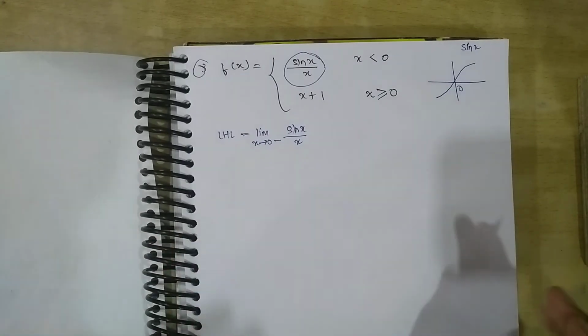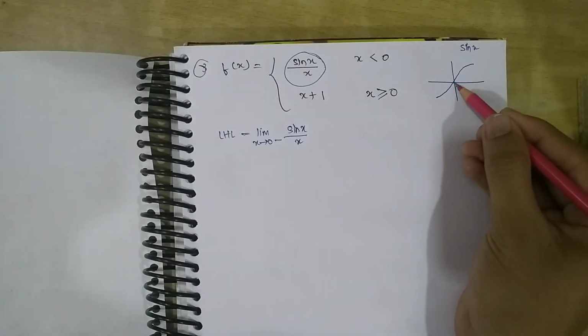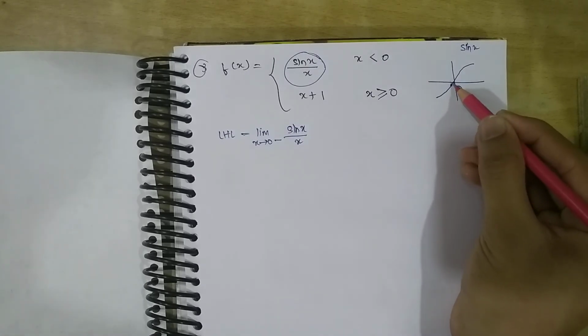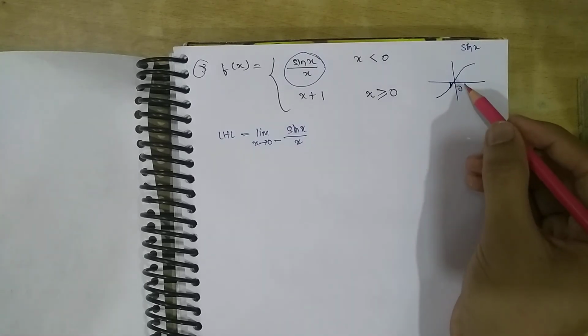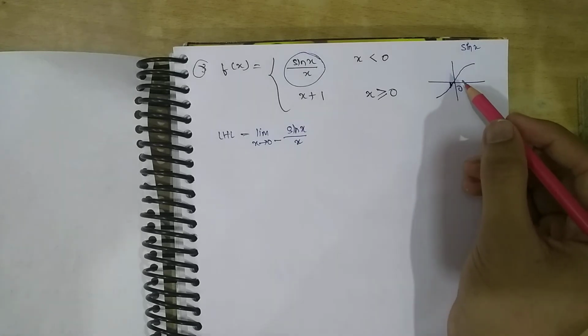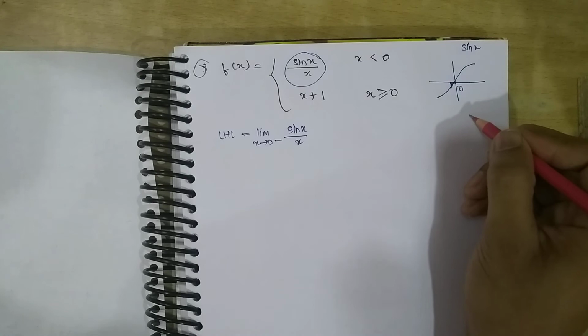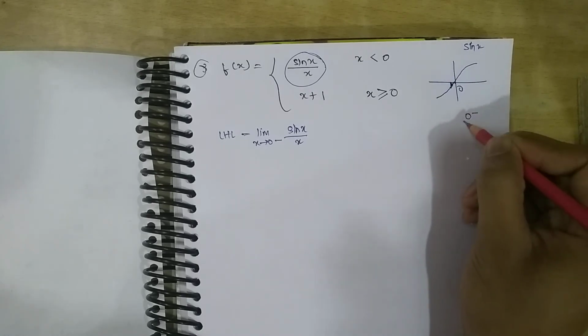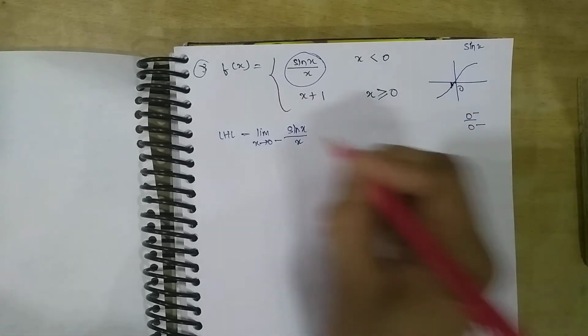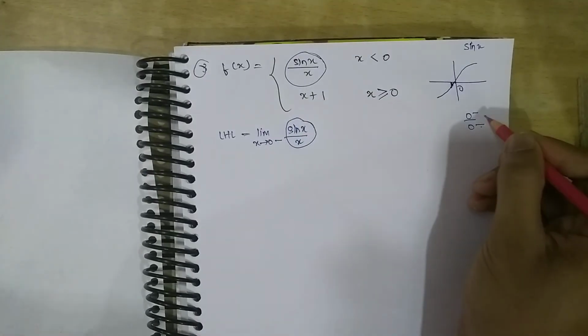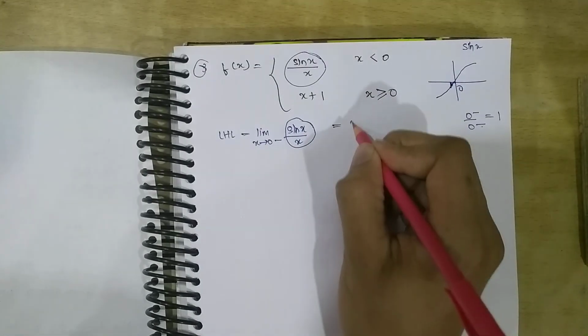So if we see just a number below 0, the value of sine x is a number just smaller than 0, or we can say a negative number. So it is going to be a negative number, and x is also negative, so this part becomes like this, so it's again 1. So our LHL is 1.